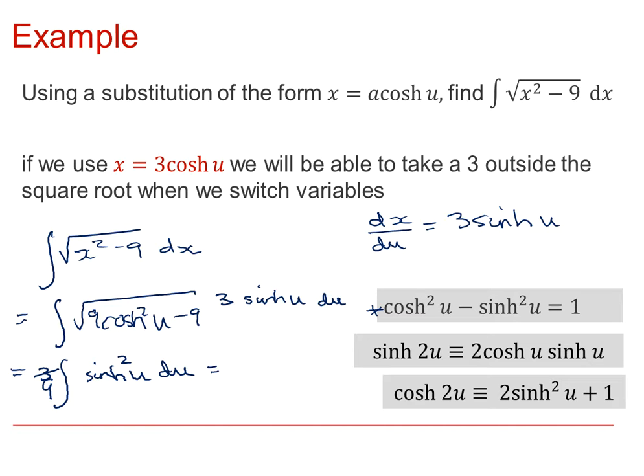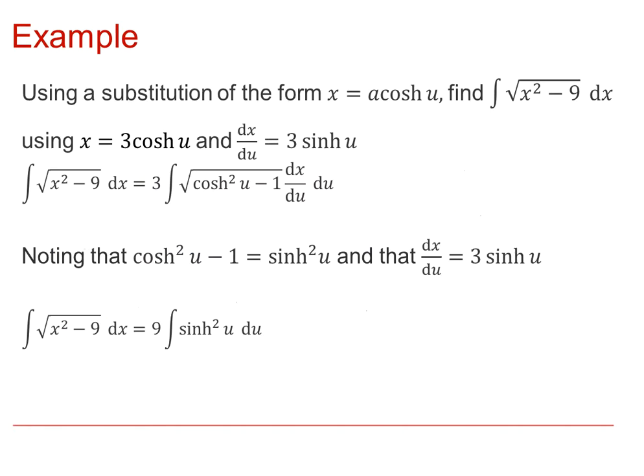In order to integrate sinh squared u, we can use this identity here, that cosh 2u equals 2 sinh squared u plus 1. We'll move on to the next slide to give us more room to show this. So replacing that 9 sinh squared u using that identity would give us 9 over 2, cosh 2u minus 1, du.